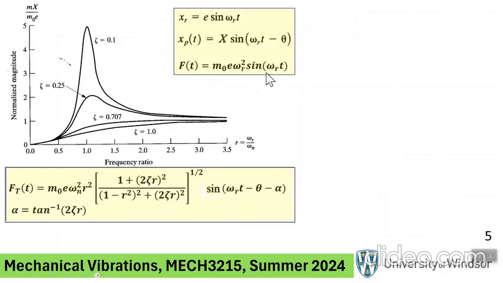And let me write the equations here. So first of all, we know what the solution to that equation is right here. This middle xp of t is the solution to that equation, except that last week we had cosine on the right-hand side, so now we have sine, no problem.